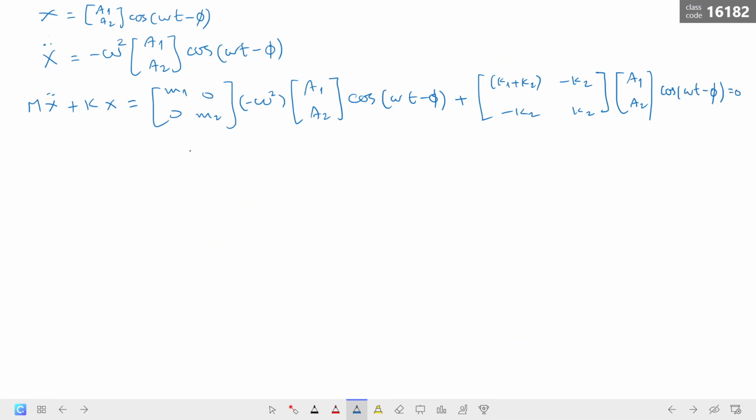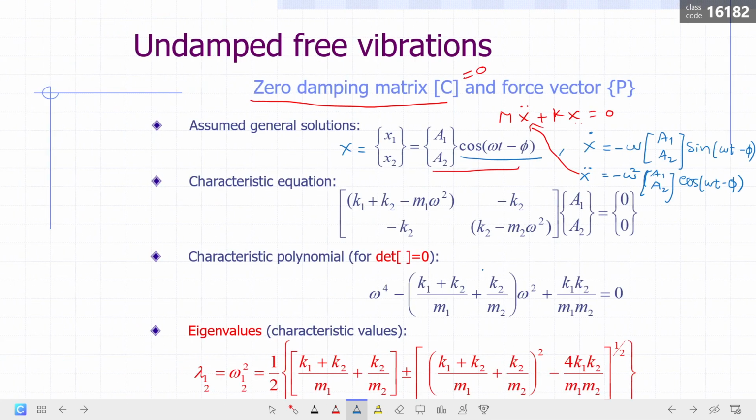Then you simplify, take cosine as a factor, so something here, and then cosine omega t minus phi equal to 0, which means this equal to 0, right? Then you got this term, okay? So when you get here, think about how we can find a1 and a2.